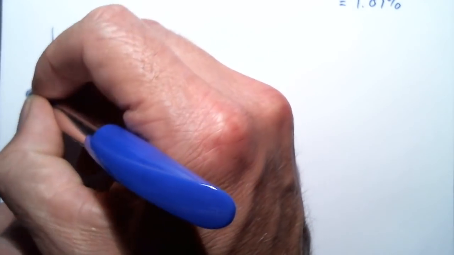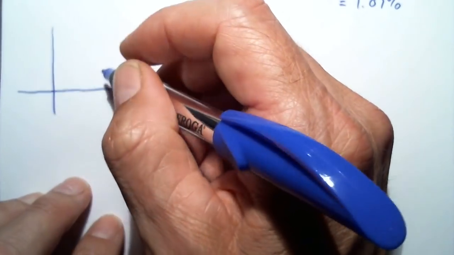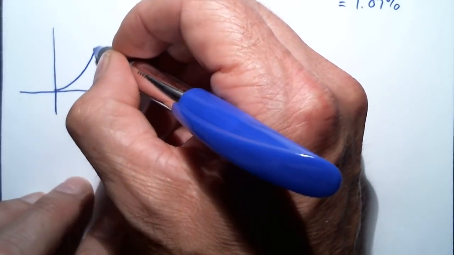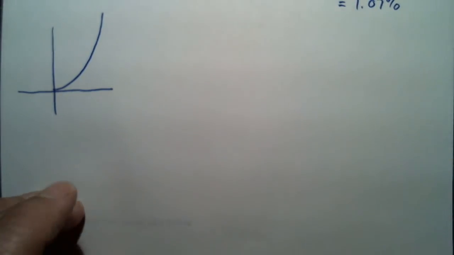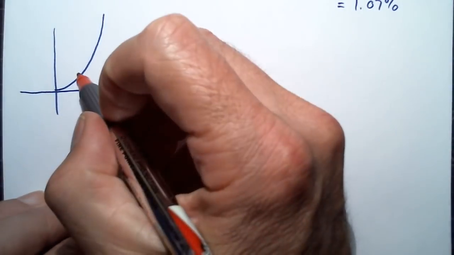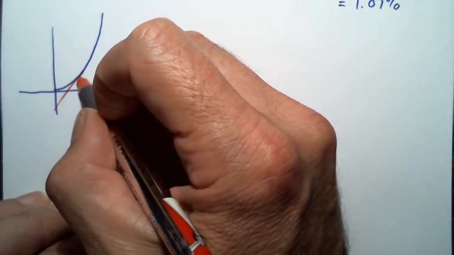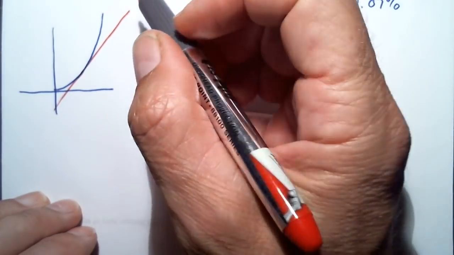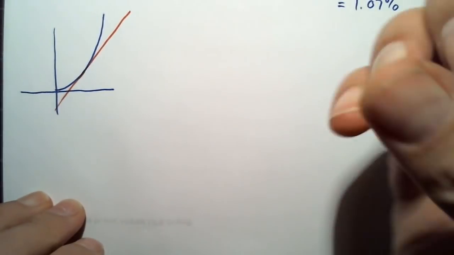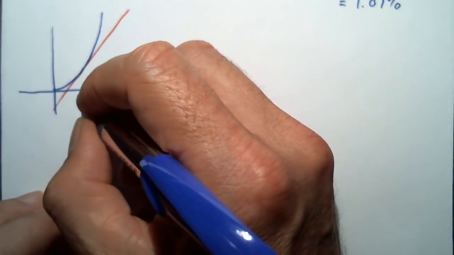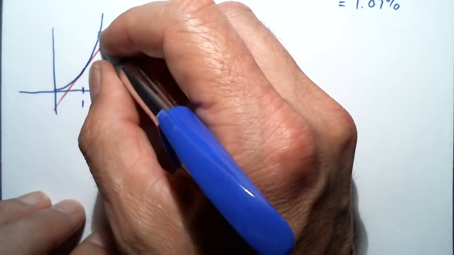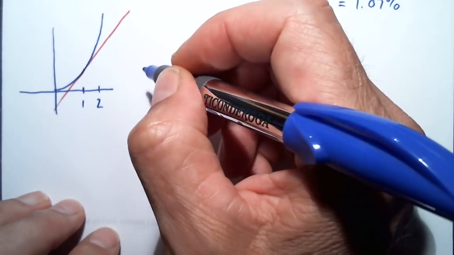So we have a function and a tangent line. Let's just say that's 1 and 2.